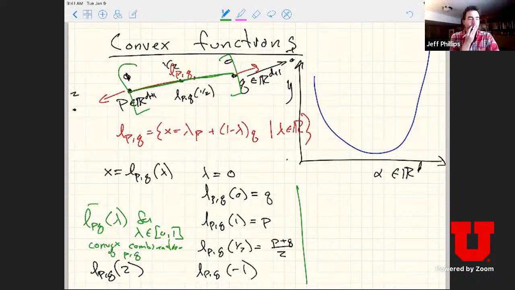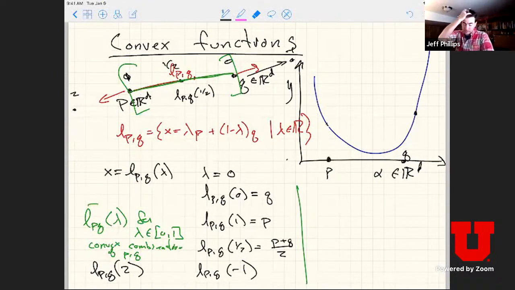So a convex function, I now need to think about this with respect to 2 points, P and Q here. Well, actually, I want to think of P as being here and Q as being up here. No, I want them to be in RD. Good.